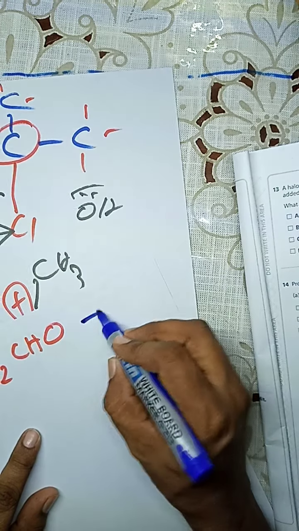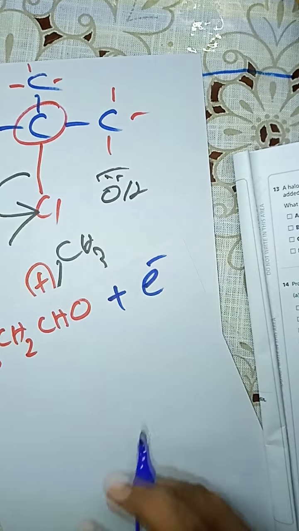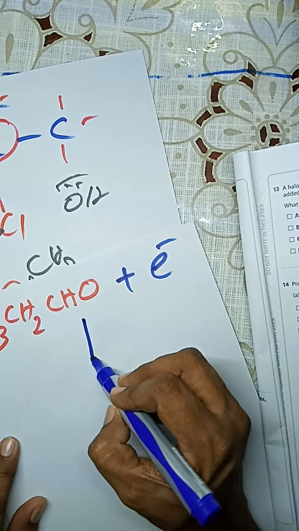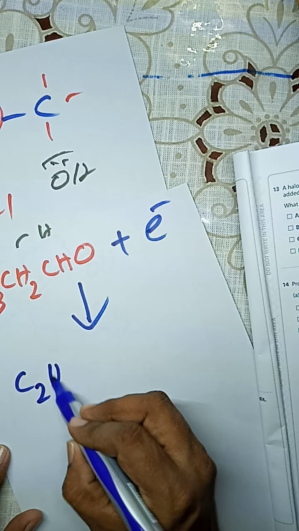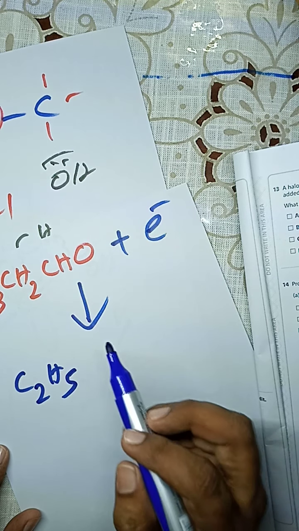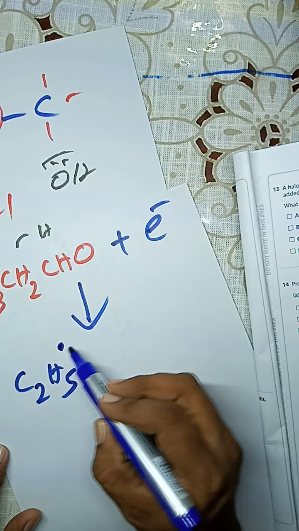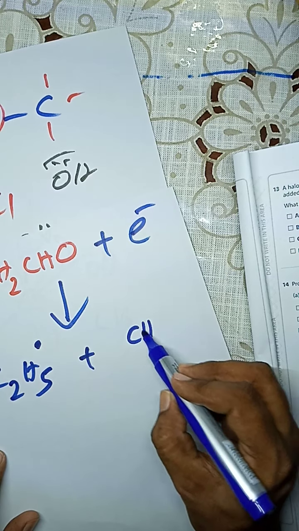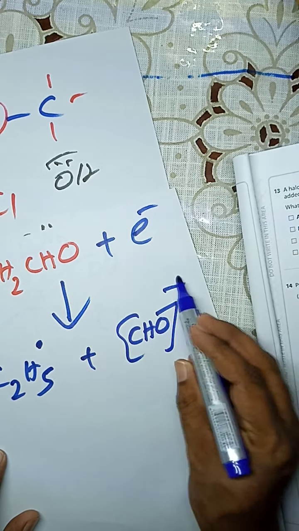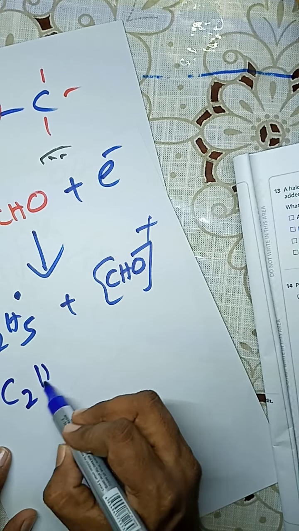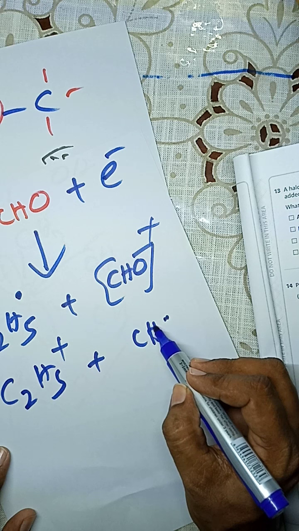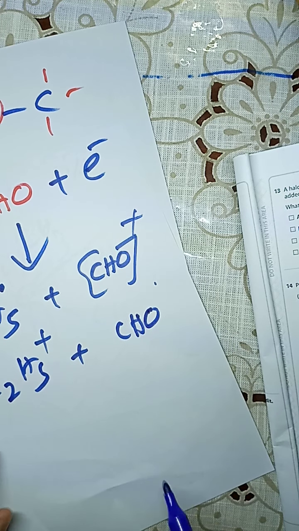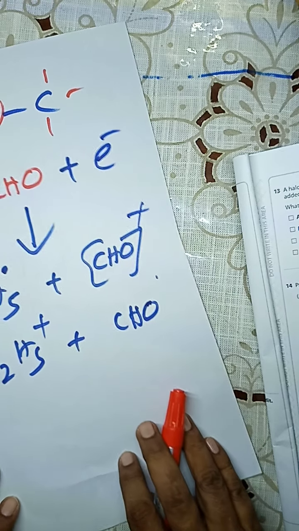Once it is bombarded with fast moving electrons, we'll say that a C2H5 free radical plus CHO+, or C2H5+ and a CHO radical will be formed.